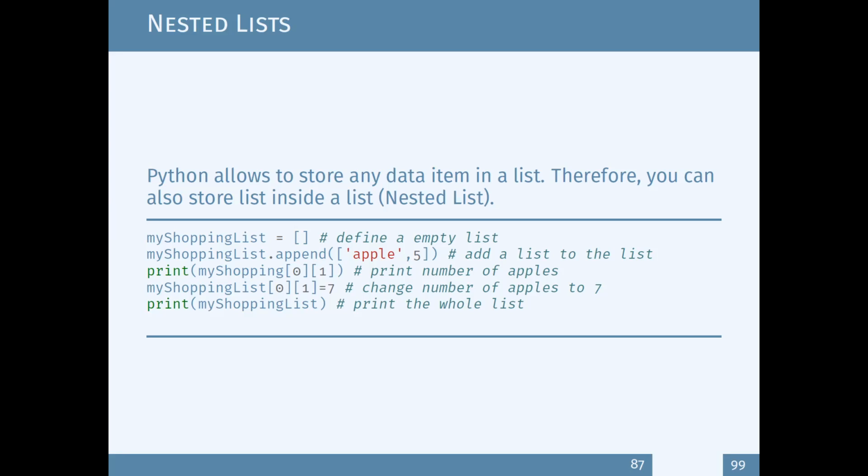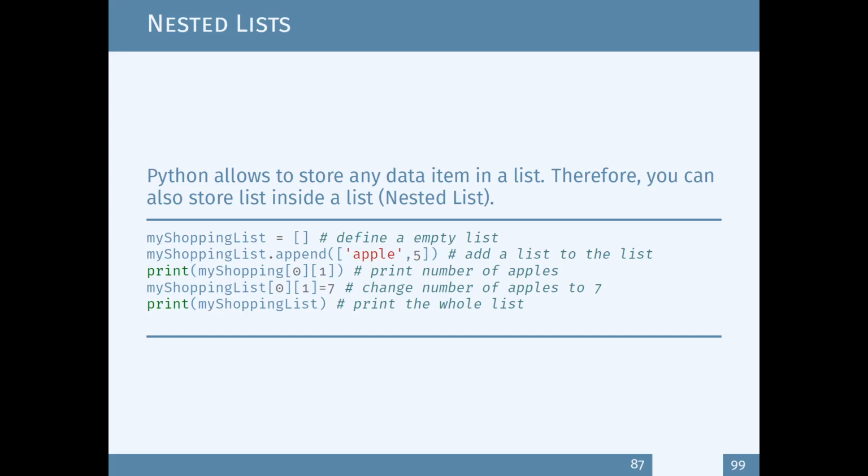This time I'm going to call it my shopping list. When we add an item to the list, we always add two things, the name of the item and the quantity, as a list. Okay, so let's see how we can implement this.